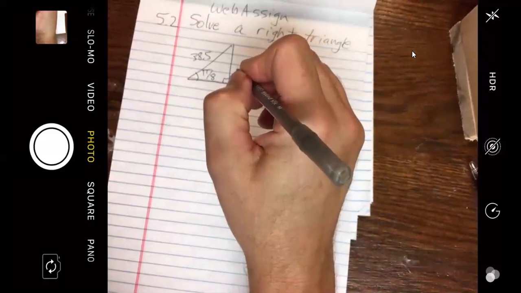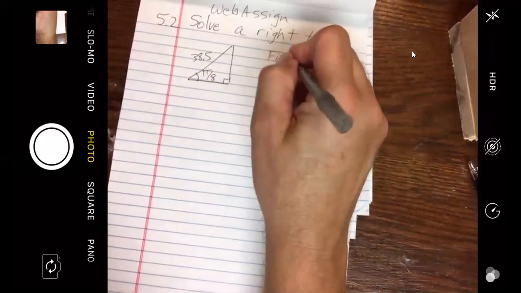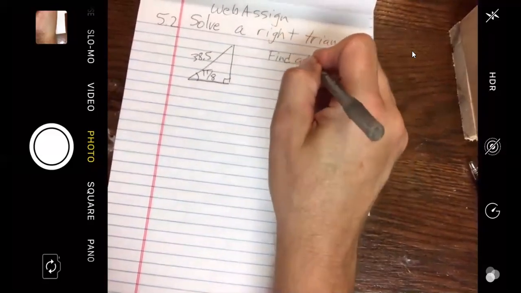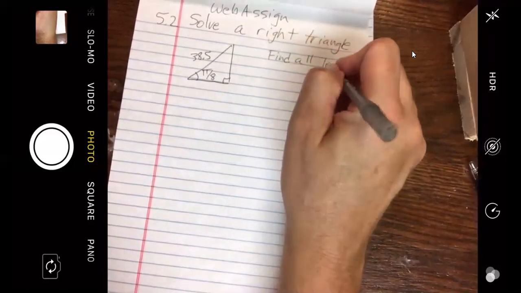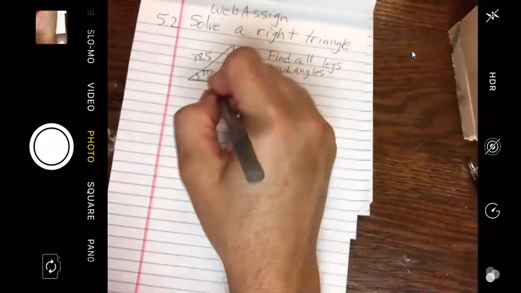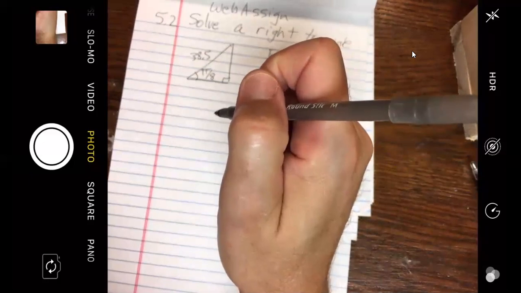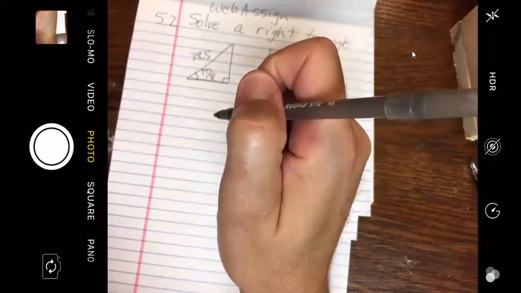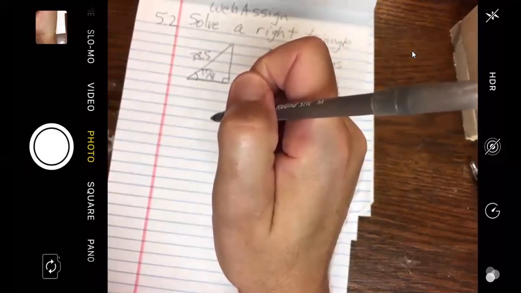Okay. Solve a right triangle means pretty much find all the other legs and angles. Now, you sure they didn't give a leg? Nah, that's all they gave me. I had solved it out here though.